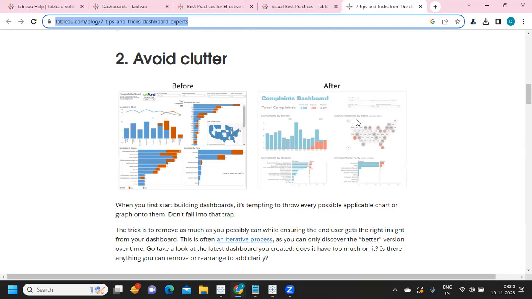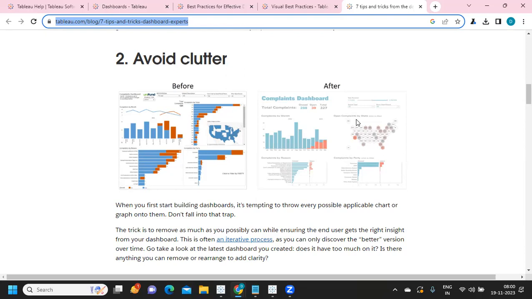When we create multiple dashboard designs, clarity will come in your thoughts: this worked for me in the previous project and everyone appreciated it, or this didn't work in my previous project, so let me create a better dashboard, or let me reorganize that. Let me not clutter the dashboard. Thinking along those lines is how you improve your dashboard design perspective.